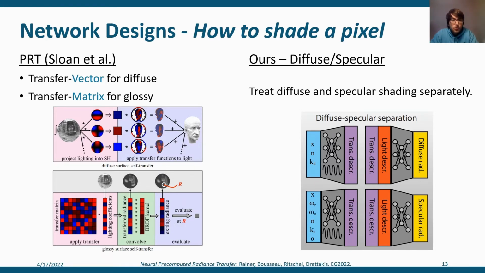In our neural equivalent, there's no explicit frequency handling, so we just let the networks learn and overfit to the type of signal that fits best. But still, separating diffuse from specular is a good idea, since the 2 types of transport have different properties. For instance, we do not need to give the view direction as input to the diffuse track.